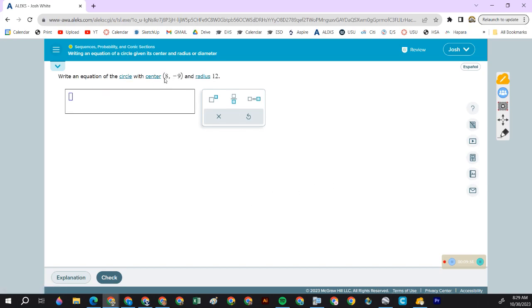All right, so what is the equation of a circle whose center is 8, negative 9, and the radius is 12? So x minus 8, and then we square that, plus, oops, make sure you push over, plus y minus k squared is equal to what?